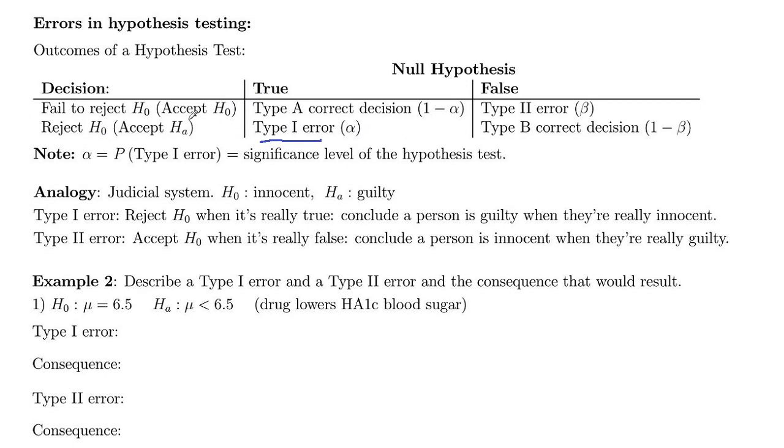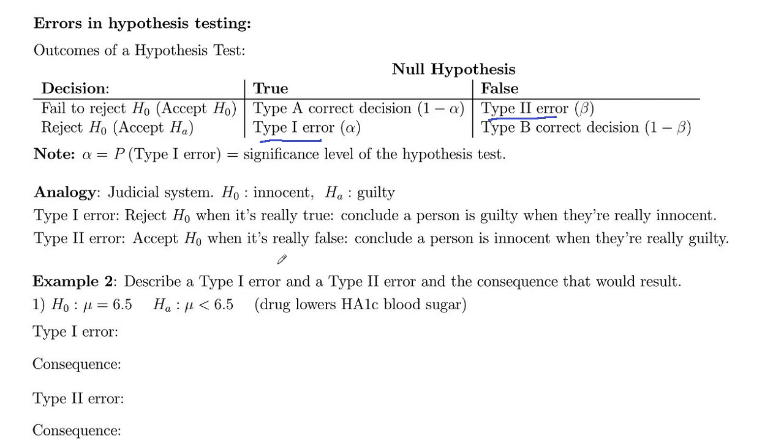When you accept the null when the null is false, that's a type 2 error, which has probability beta. And when you reject the null when it's false, that's a correct decision, called type B correct, with probability 1 minus beta. So alpha is the probability of a type 1 error. It's also called the significance level of the hypothesis test.